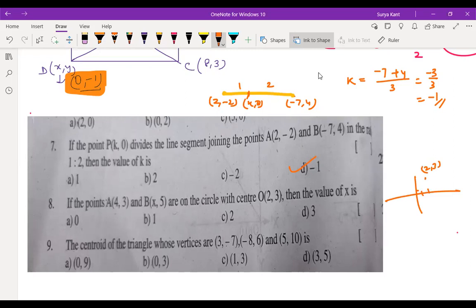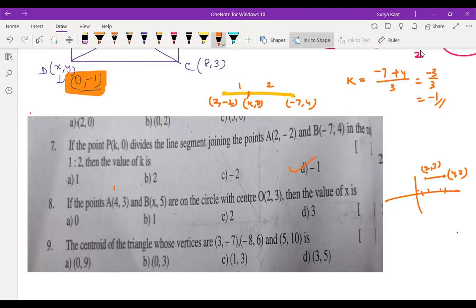Then 4, 3 will be somewhere here, on this side, correct? 2, 3 is the center.